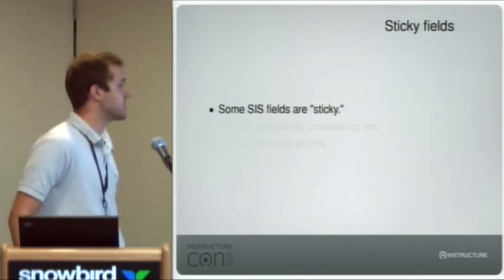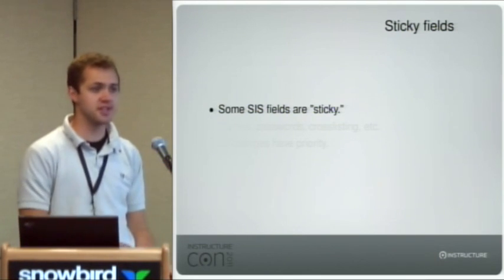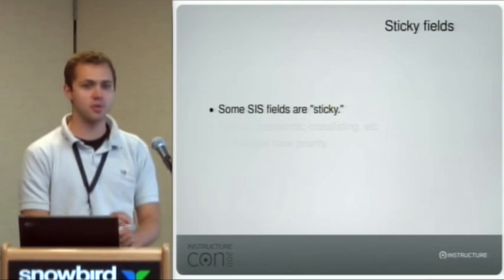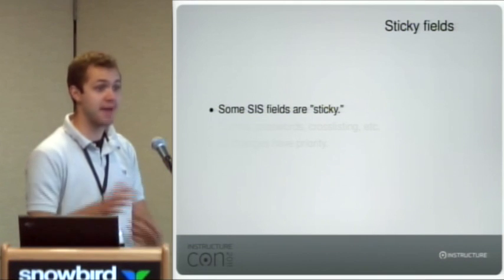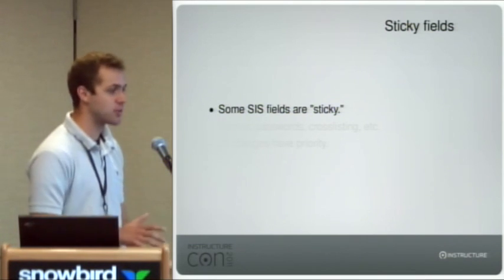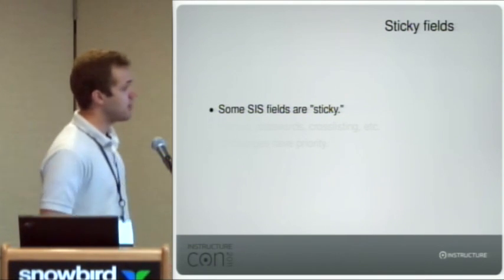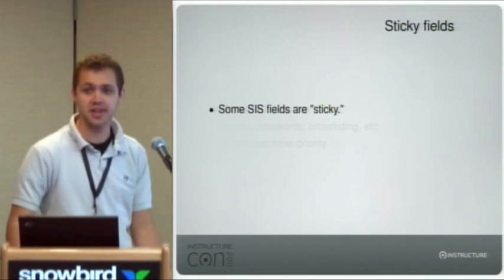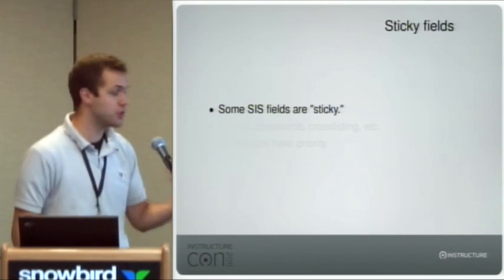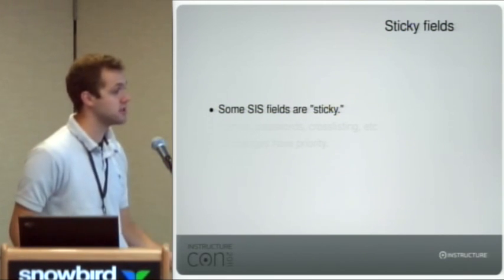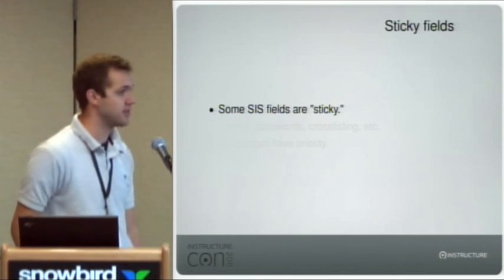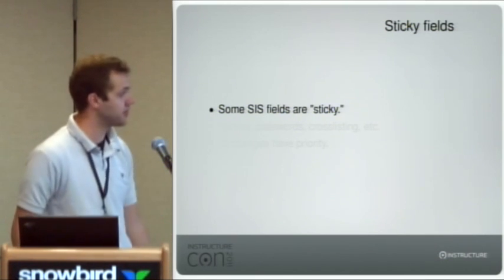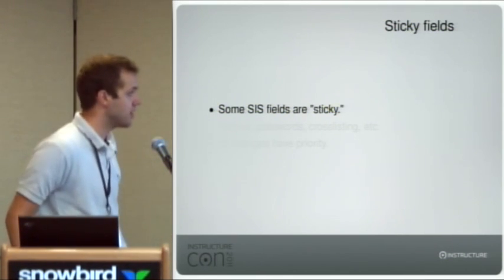Some student information system fields are sticky, so if a user changes them in the user interface, we don't want the student information system to change them back. If the user changes their password or their display name, or if an administrator does a cross-listing, we want to make sure that user interface change is maintained, as opposed to the next real-time event coming in and blowing away the user's changes.